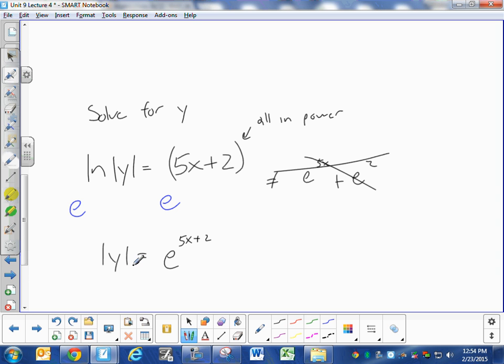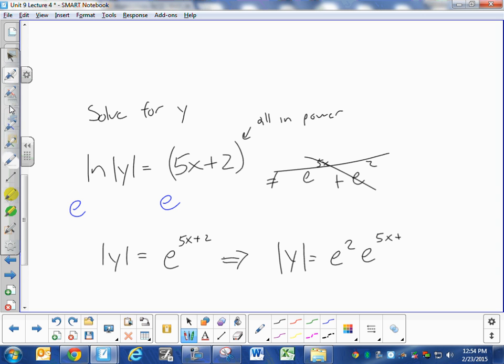We'll see how we'll be able to take away the absolute value in a second. But what we'll also be able to do is rewrite this so that I don't have the plus in the exponent. I can rewrite this as absolute y equals e squared times e to the 5x.